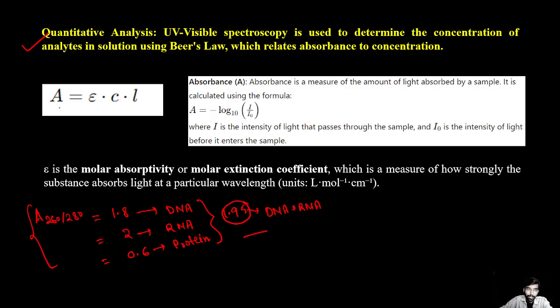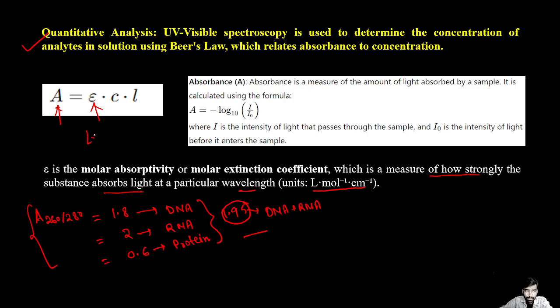So here A is absorbance, epsilon is the molar extinction coefficient. That is a measure of how strongly the substance absorbs light at a particular wavelength, and you have to remember the unit. That is liter mole inverse centimeter inverse, right?